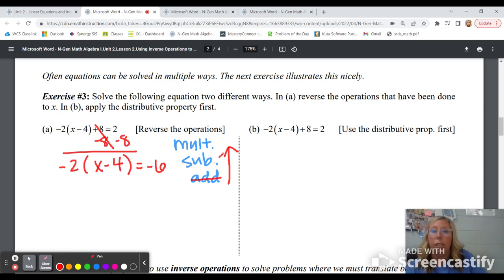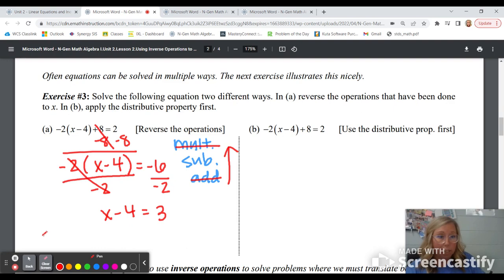Now we need to deal with the subtract. The problem is that the subtract is locked inside the parentheses, so I have to skip subtract and undo multiplication. I have to get rid of this -2. To undo multiplication, we divide by -2. That cancels it out, and we get x minus 4 equals -6 divided by -2, which is +3.